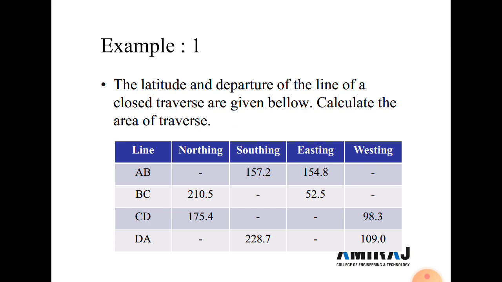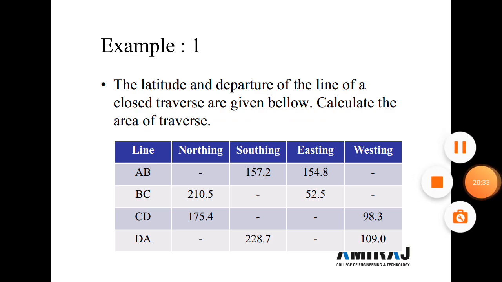Calculate the area of the traverse. So here the north, south, east, west directions are already given, and in the next lecture we will start this type of example. This type of example was asked in GATE for 4 marks. So in the next lecture we start the latitude and departure example, and we calculate the closed traverse. Thank you.